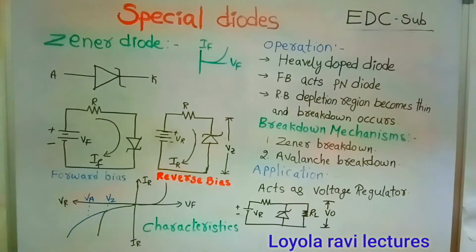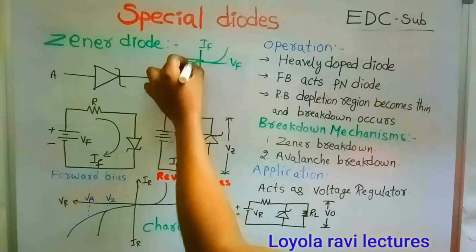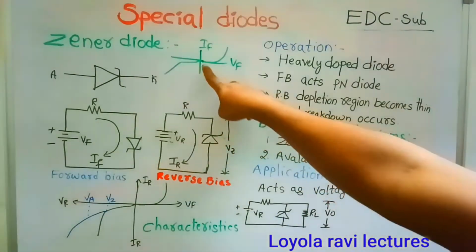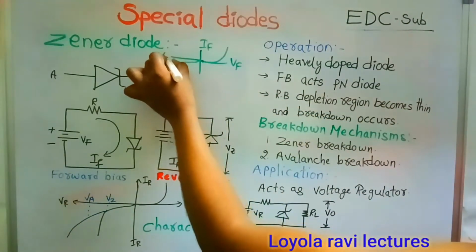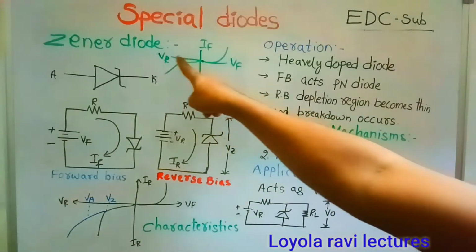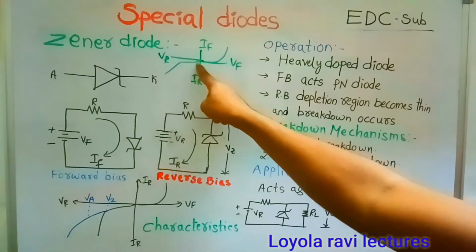There is no problem. But in reverse bias condition, whenever we are increasing the reverse bias voltage VR, the current is due to minority carriers, so very little current will come.